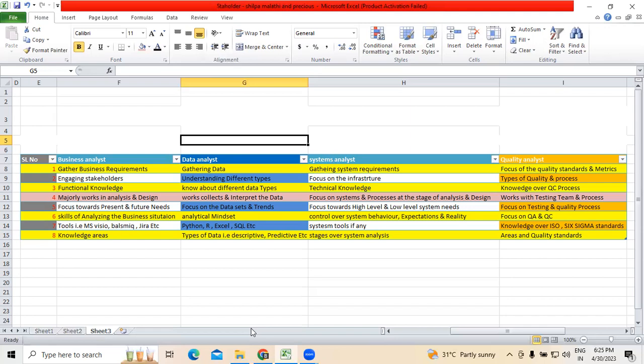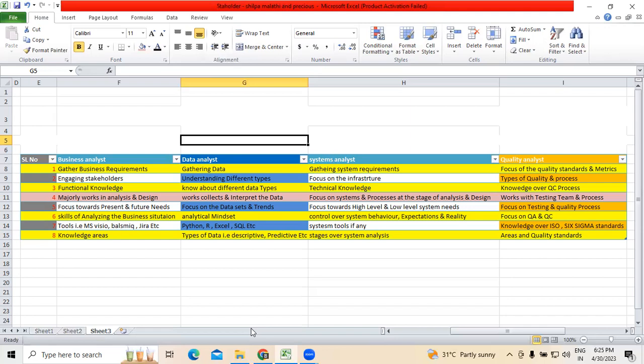Next, a business analyst should have knowledge of functional skills to an extent, but nowadays even technical skills are becoming important. I don't say that you need to be good with programming or testing, but if you have knowledge of programming and testing, it's an advantage for you, though not mandatory all the time.